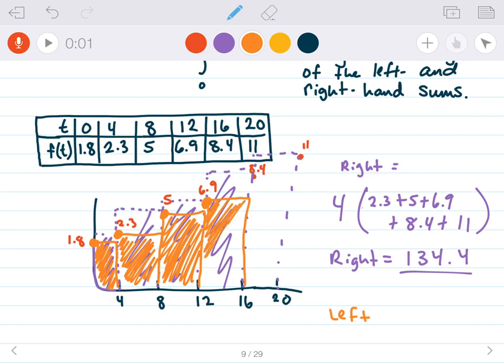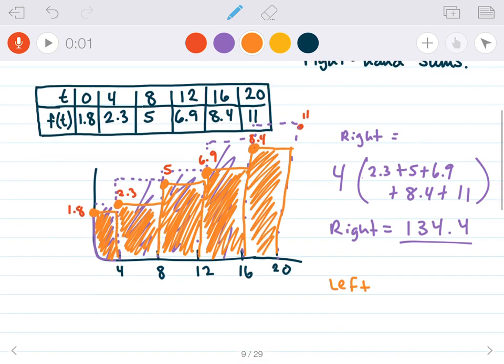And so forth. This is my left endpoint. So I'm not using that far right one. Again, the width of all 5 of these rectangles is still 4.